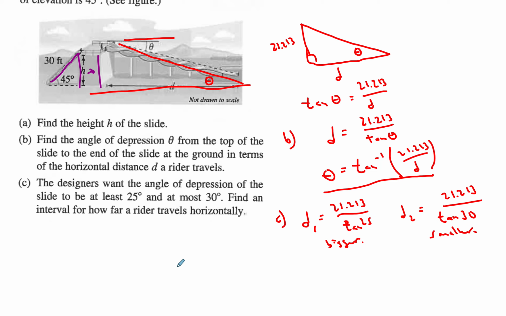Well, we figure out what the two numbers are, and it turns out that d, so it wants the interval, right? So d has got to be greater than or equal to 36.742 feet and less than or equal to 45.491 feet. Okay? And this would represent the 25 degrees, and this would represent the 30.